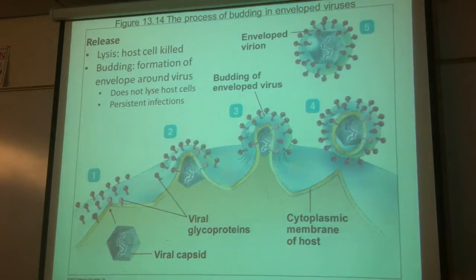If you're not killing the cell, then over a long term, you can keep taking your viral capsid, finding your viral glycoproteins, getting coated in them, start budding, leave, and you end up being an enveloped virion, right? And this is the cytoplasm of the host, so it's a method of persistent infection.